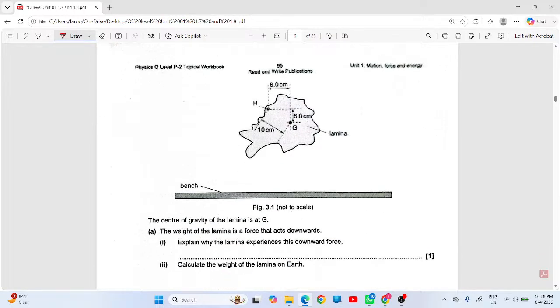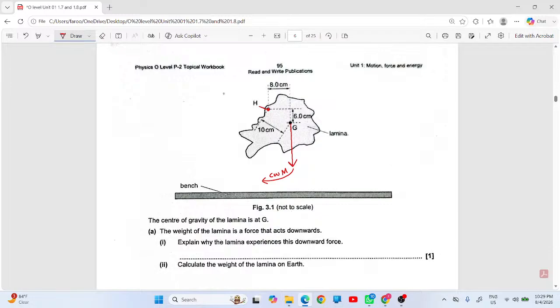ठीक है? So this is the weight of the lamina which is acting downward, and where is the nail? This one is the nail of fixed point. ठीक है? And so the weight creates a clockwise moment about the nail.